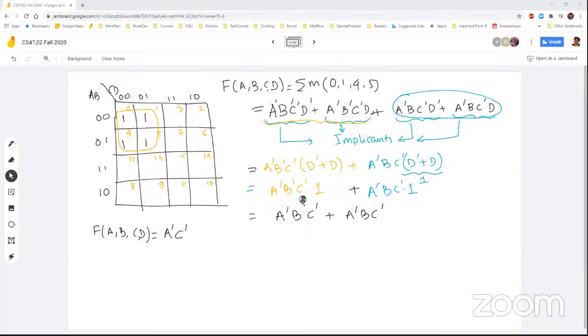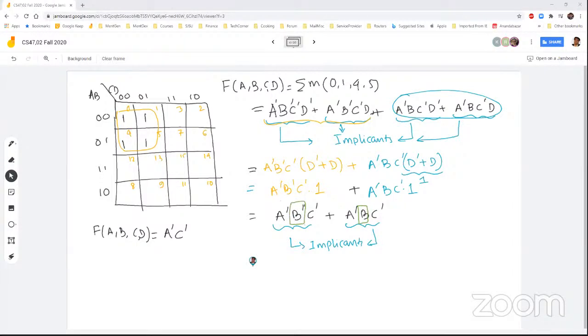Now, even now, these are also called implicants. Now we can see that we have an opportunity to reduce around B. There's a B and B bar in place.